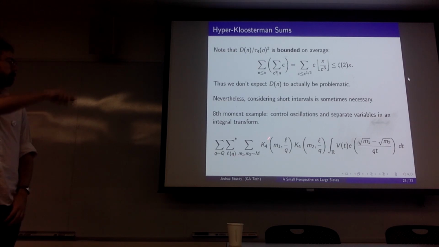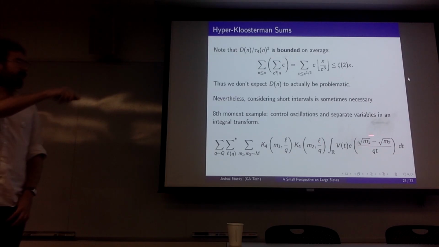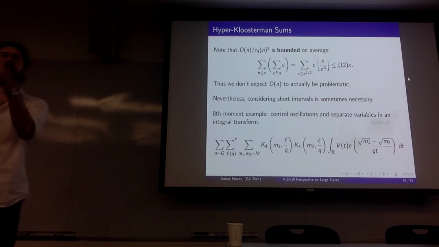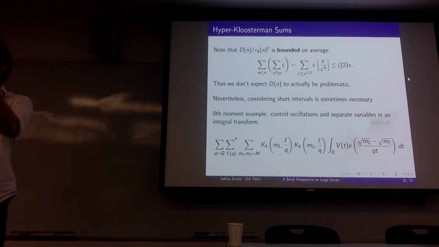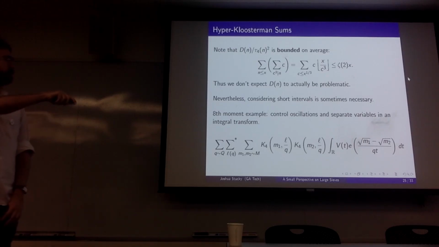Here are my Kuznetsov-Kloosterman sums, and I have an integral transform where, in order to control the oscillations of this, I may split M1 and M2 into short intervals to control the remainder term in a Taylor series expansion, something like this. Hopefully it's believable that splitting into short intervals would be a way that you could possibly control something like this.